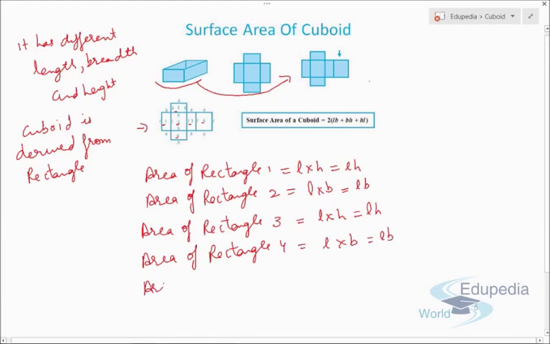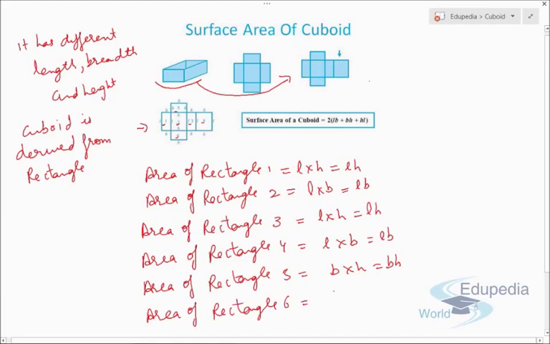Then we can write area of rectangle 5 as B into H, so it can be written as BH. Same way we can write area of rectangle 6 as B into H, which is BH.